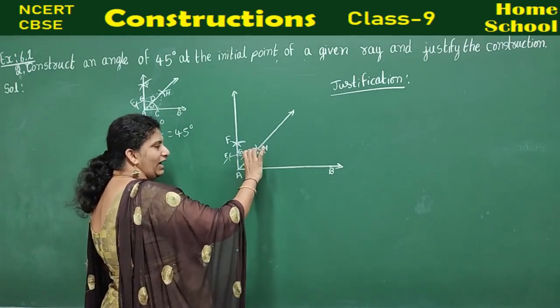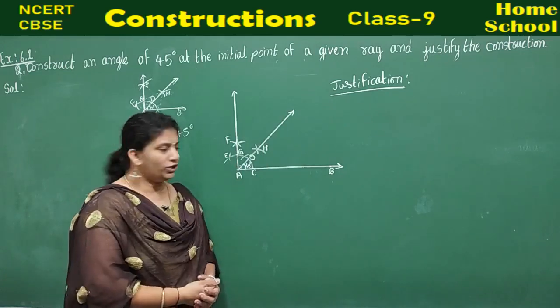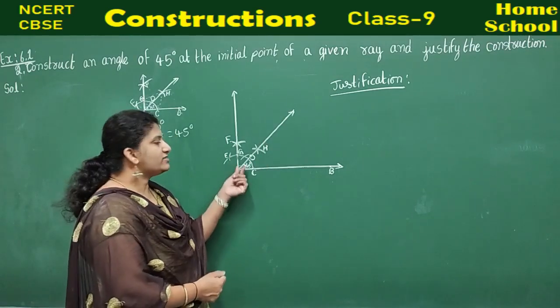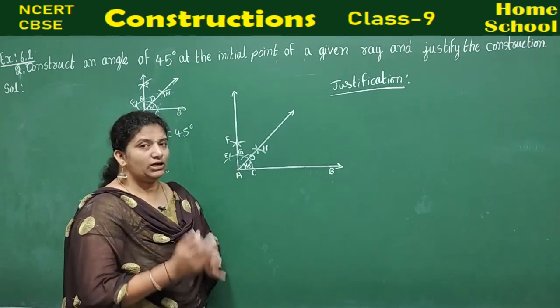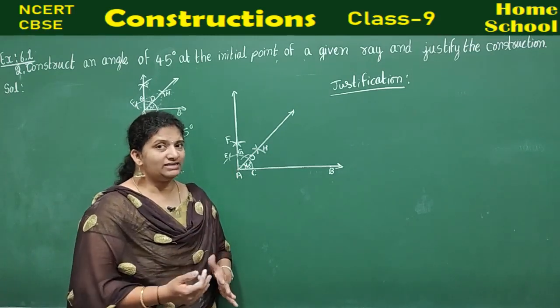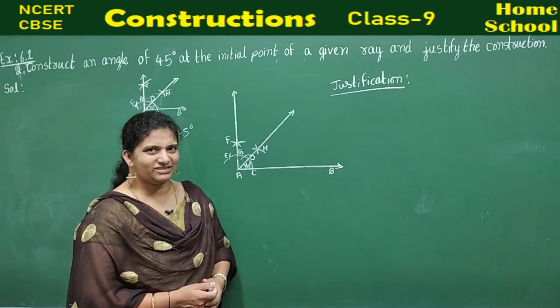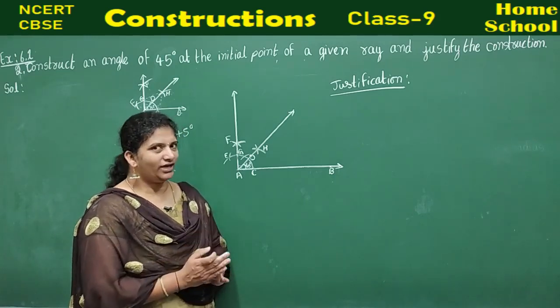Draw an arc and cut the arc, join the intersecting point to A, extend, form a ray. The angle so created is 45 degrees. It is very easy. Look here children, try to understand carefully. After completing all angles, I will show you all the angles in one figure itself. Try to practice carefully and draw carefully.